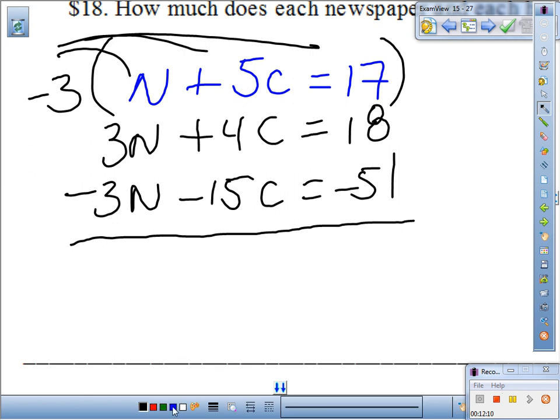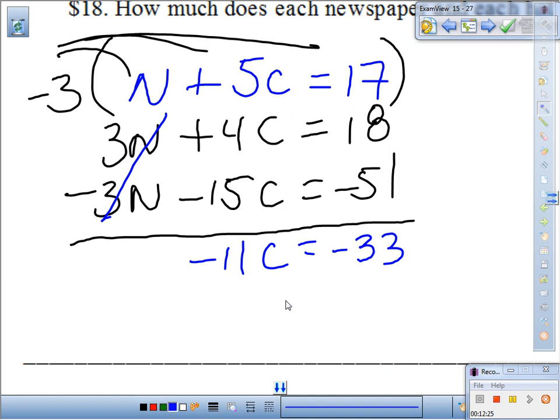So therefore, we eliminate the n's. We're left with -11C equals, what is -51 plus 18? -33. Therefore, divide by -11, divide by -11, C equals 3.